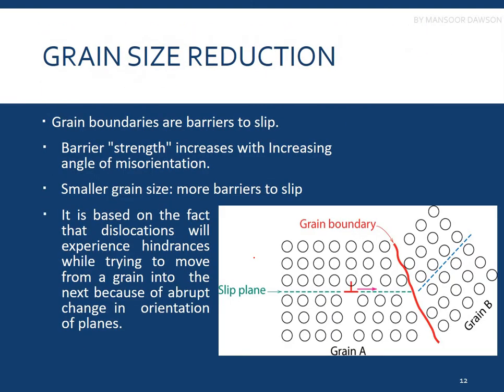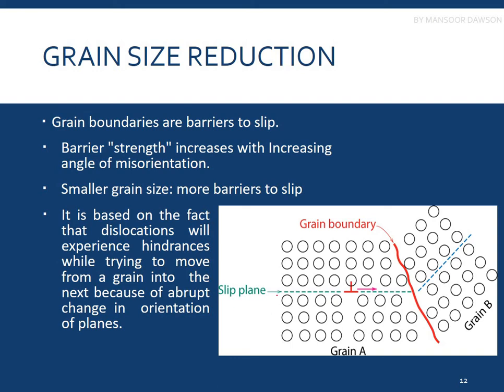Okay. So grain boundaries are barriers to slip. Barriers strengthen as the angle of misorientation increases. The smaller the grain size, the more barriers to slip. It is based on the fact that dislocations will experience hindrance while trying to move from one grain into the next because of the abrupt change in orientation of planes.